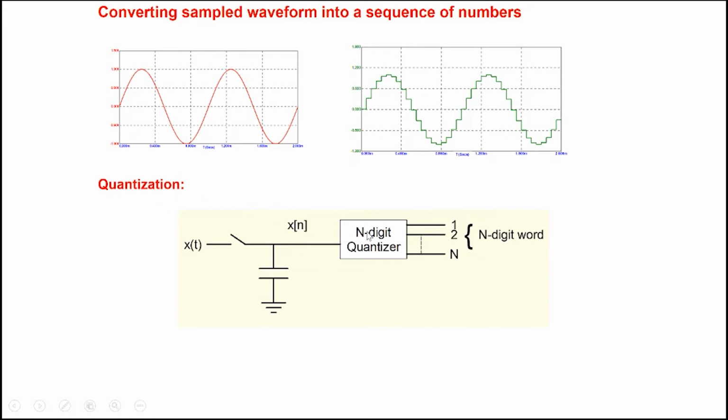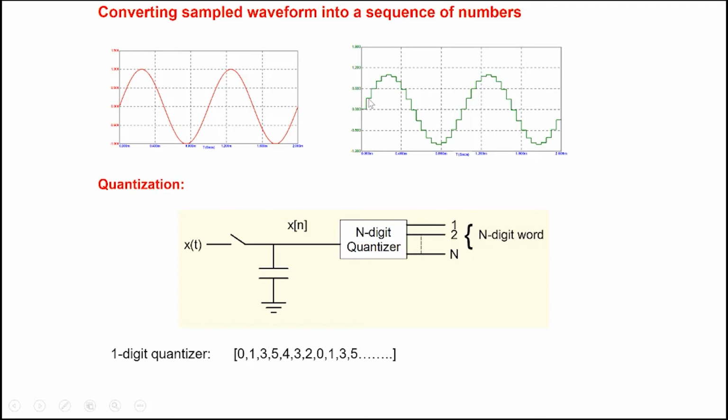And so we call this a quantizer, and depending on the accuracy that we desire, it could be a 1-digit quantizer, 2-digit quantizer, 3, 4, 5, 8-digit. It could be anything depending on the accuracy that we desire. If it's a 1-digit quantizer, then for each sample point, for a sample point like this here, we'll have a digit 0.